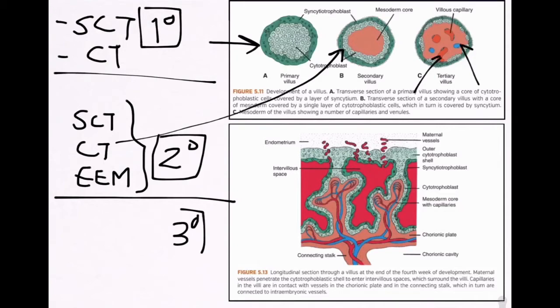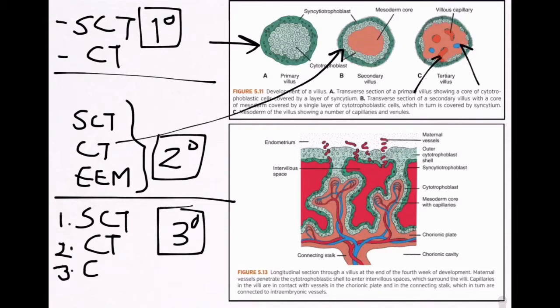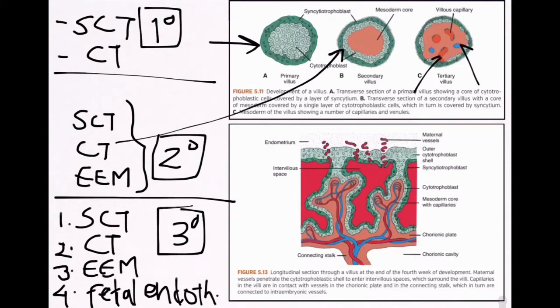The tertiary chorionic villus from outside within consists of syncytiotrophoblast, cytotrophoblast, extraembryonic mesoderm, and finally fetal capillaries, or you would probably call it fetal endothelium.